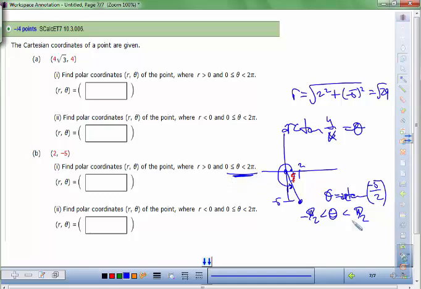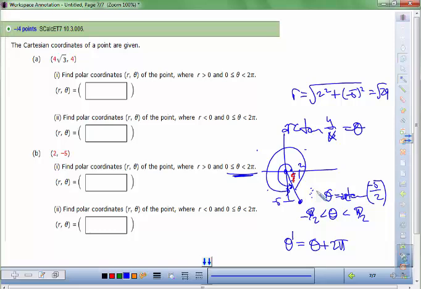But this will end up being negative because, you know, all students take calculus, tangent is negative in this quadrant. So you have to add 2 pi to that. So the new theta, let's call it theta prime, is going to be the old theta plus 2 pi, which is a negative whatever that angle is, plus 2 pi, and then that'll give you that limit.